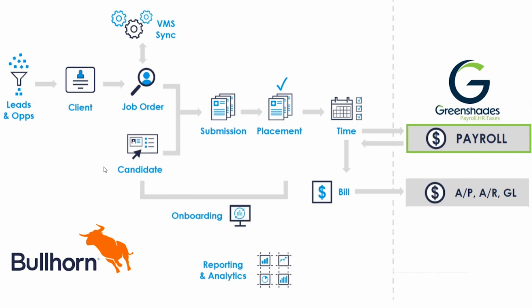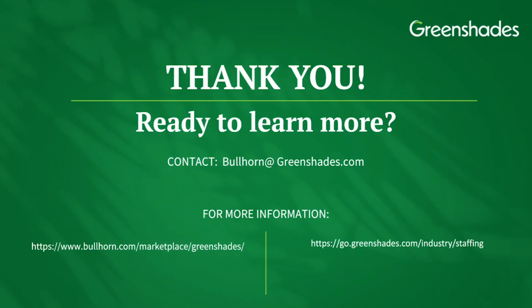All that data feeds over, all of that time, the billable information, the payable information that we're loading into Bullhorn One, all that feeds into Greenshades Payroll automatically. We can get those workers paid, and then the appropriate necessary information is fed back into Bullhorn One, completing that cycle so the full billing and gross margin reporting can be completed through Bullhorn One.